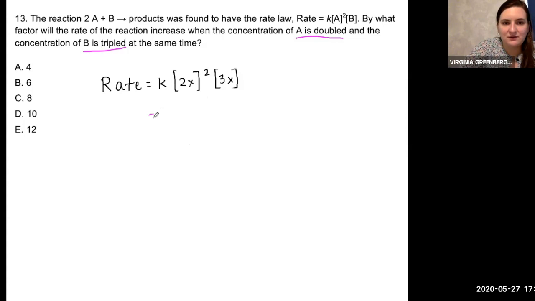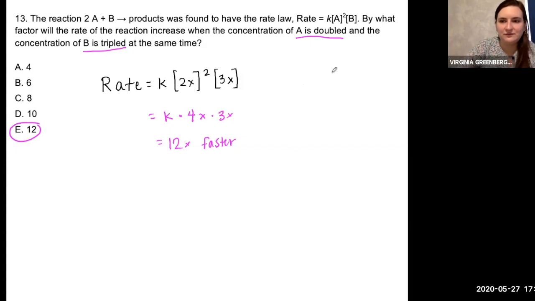And so if we were to expand this, this would be 4 times and then 3 times. And so this is going to end up being 12 times faster. So the answer here is just E. Okay, so pretty simple. You just have to make sure you remember the order.